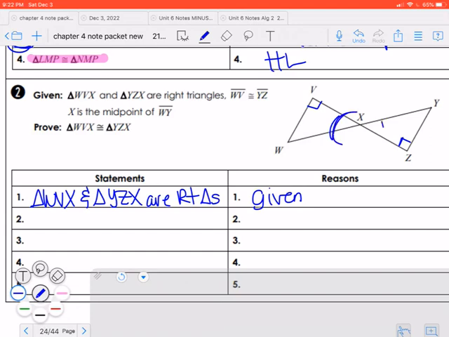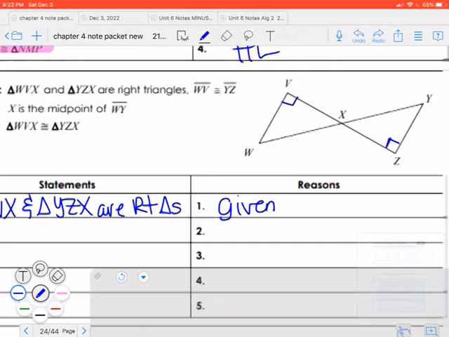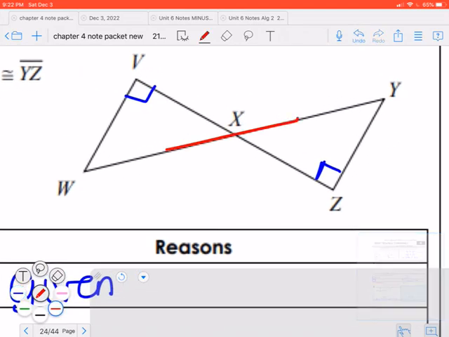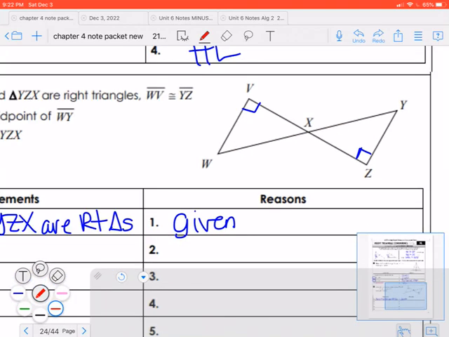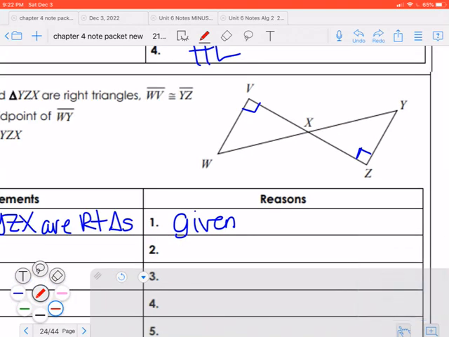I am seeing vertical angles, but I guess we wouldn't use that because these are right triangles and we're looking for HL, hypotenuse and leg. That has nothing to do with the angles. If we needed to say vertical angles, we could, but it doesn't look like we're going to need to here because this is in the HL section.